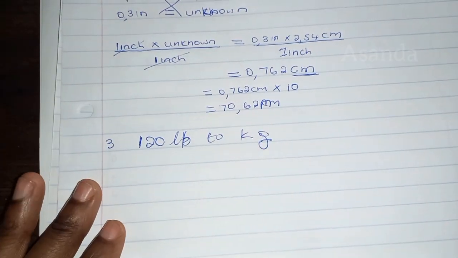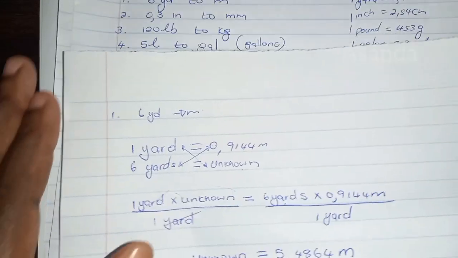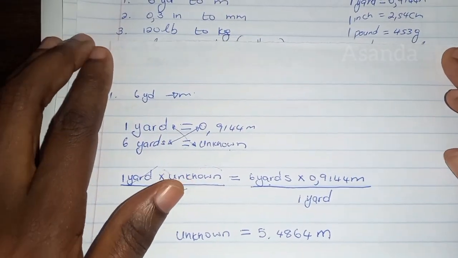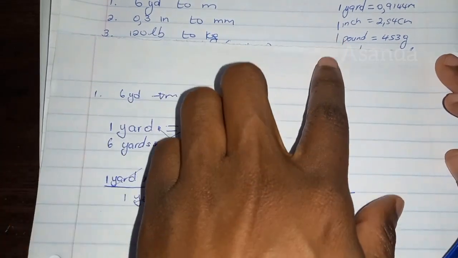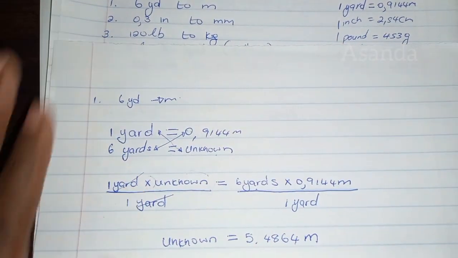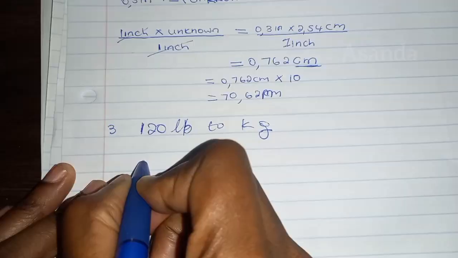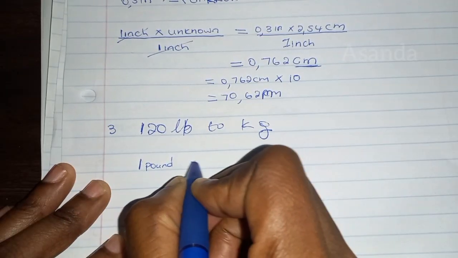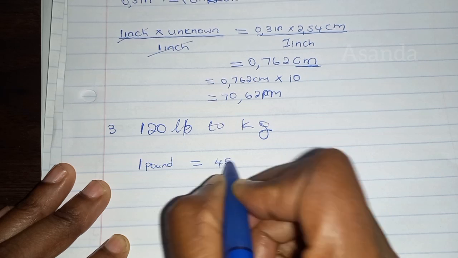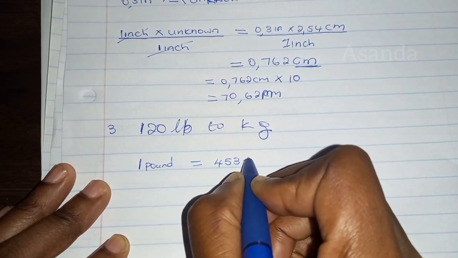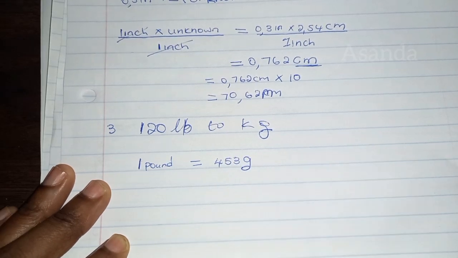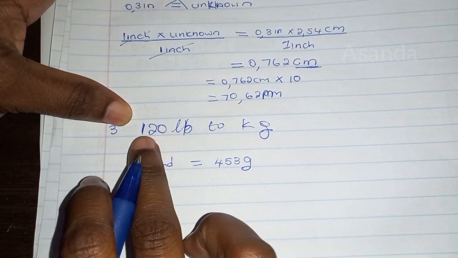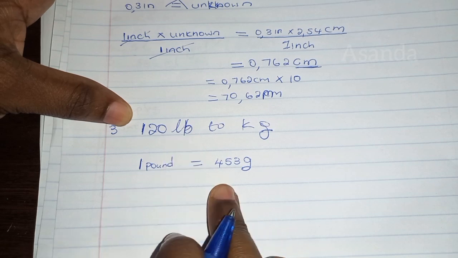Right? Okay, so what is the conversion factor that I've been given? Just imagine you're sitting in an exam room, and this is the only conversion factor you've been given. You have no choice but to use it. Hence, 1 pound is equal to 453 grams. Now we're going to change our 120 pounds to grams.